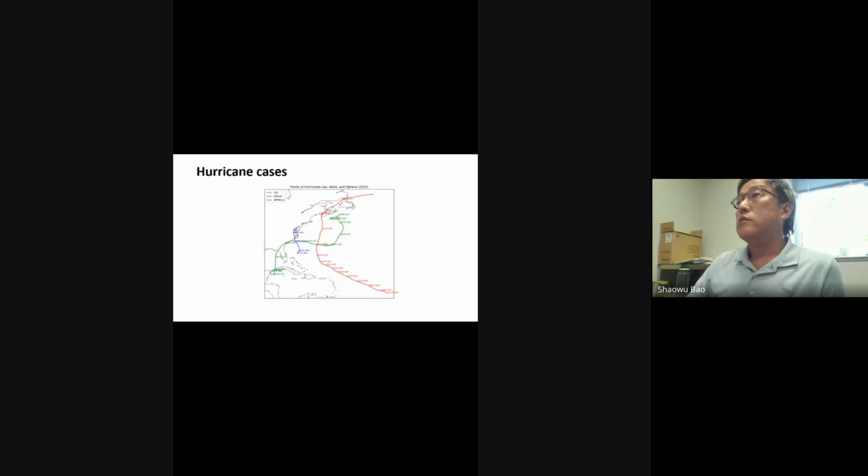Okay, so in this study, we used three hurricanes, all of them in 2023: Hurricane Lee, Hurricane Idalia, and Hurricane Ophelia. They are all Atlantic basin hurricanes.